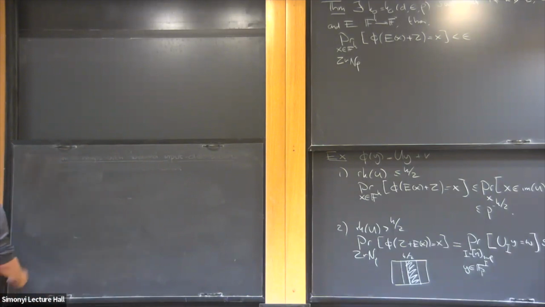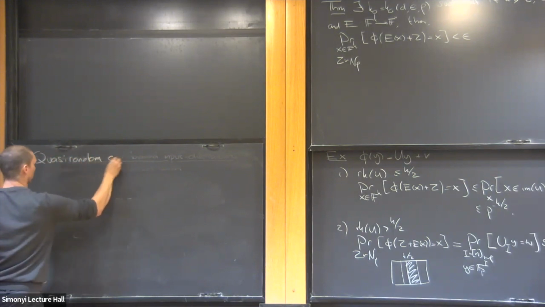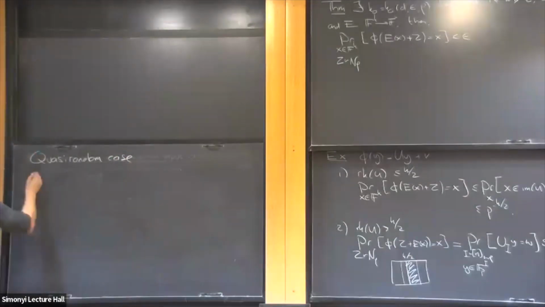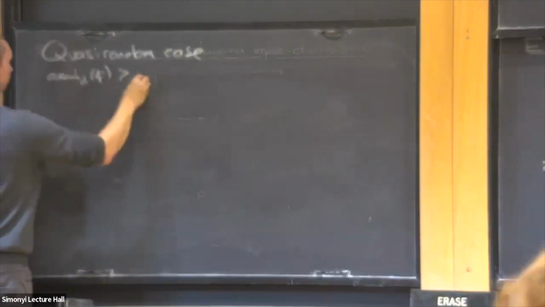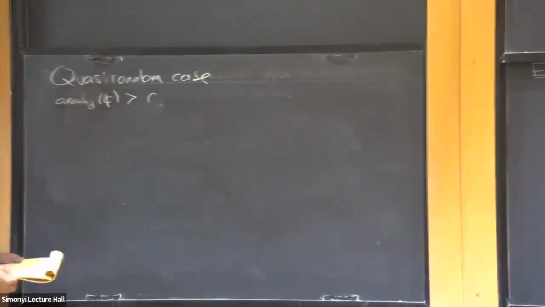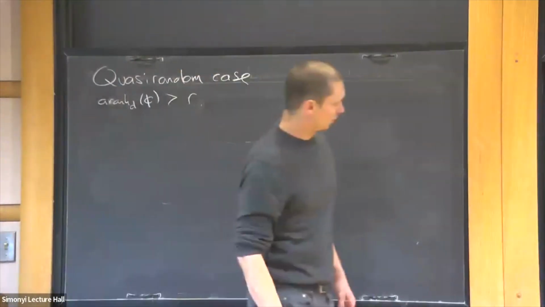Okay, so the complement of the structured case is the quasi-random case, where you assume that the analytic D rank of psi is large, strictly larger than R. Okay, so I did the matrix case.